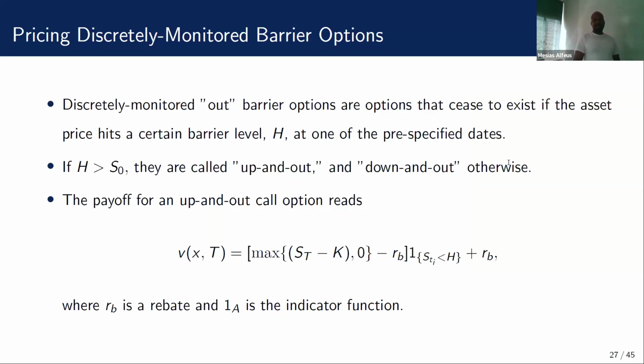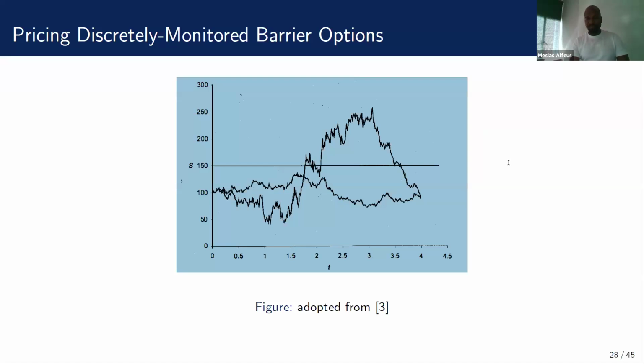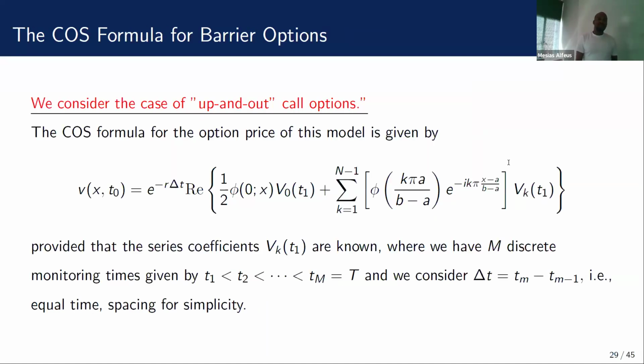Here I explained that, in general, this can be written in this way, where you have a rebate of R, but we'll just set that to equal 0 in our case. So I will consider the case of up-and-out call options. If you want to calculate put options, then you will have to use the put-call parity formula.